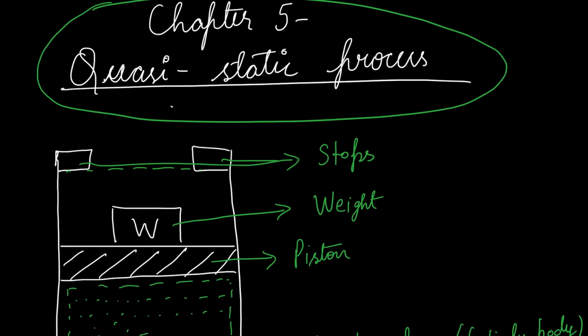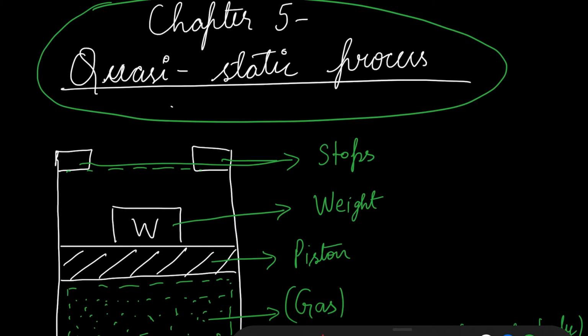It will be random. I actually shouldn't make it very laminar. So these are gas molecules. This is gas. And this gas has a pressure of P1 and this has a volume V1.